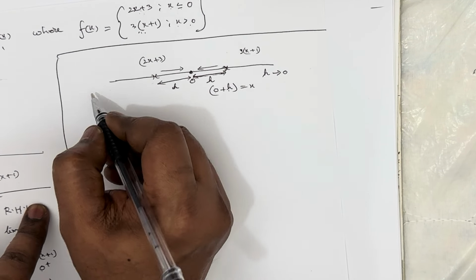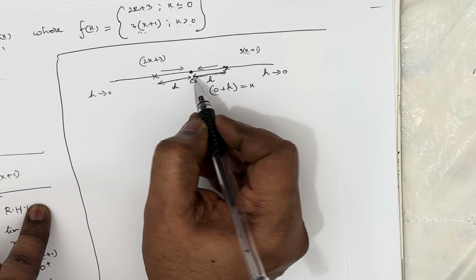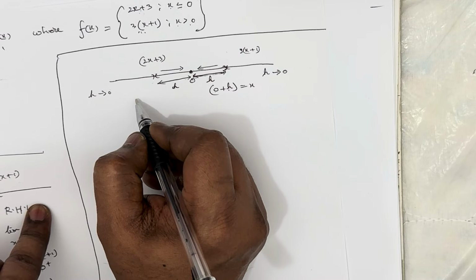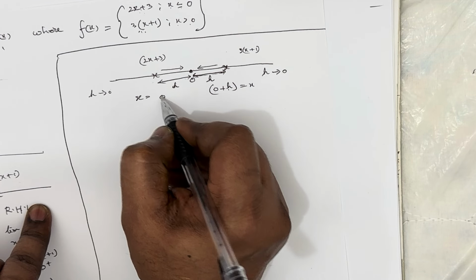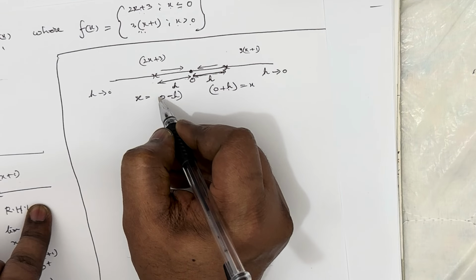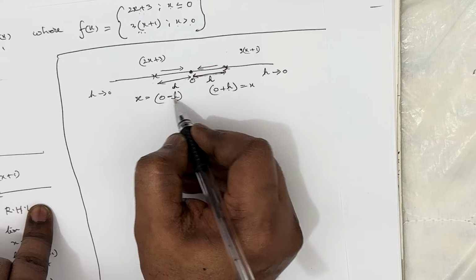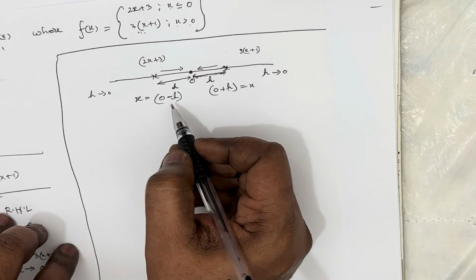So we can assume that h is approaching 0. Here we can assume that the position of x is equal to 0 minus h, because this is a left hand limit, so we write it as 0 minus h, and this one as 0 plus h. Now this is the h method.